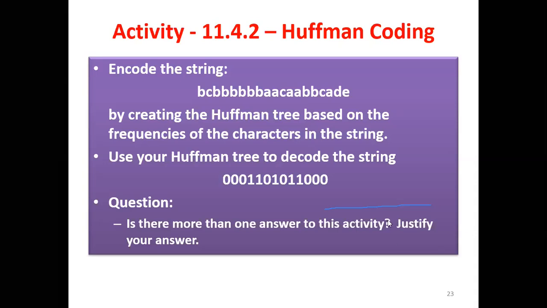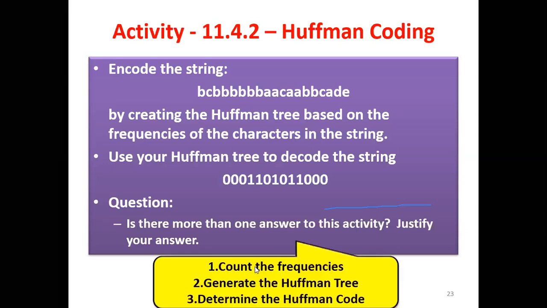And lastly, there is a question here which says, is there more than one answer to this activity? You can say yes or no, but you need to justify your answer. This has just given you a clue of the steps you need to take.